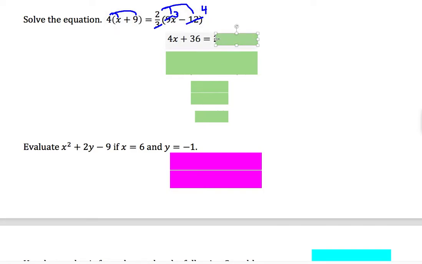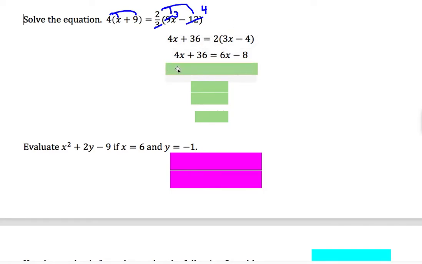Whoops, I got rid of the 3 down here first. So when we distribute the 3, we're just left with 2 times 3x minus 4. We do need to distribute that. We get 6x minus 8 when we multiply both of those terms by 2.